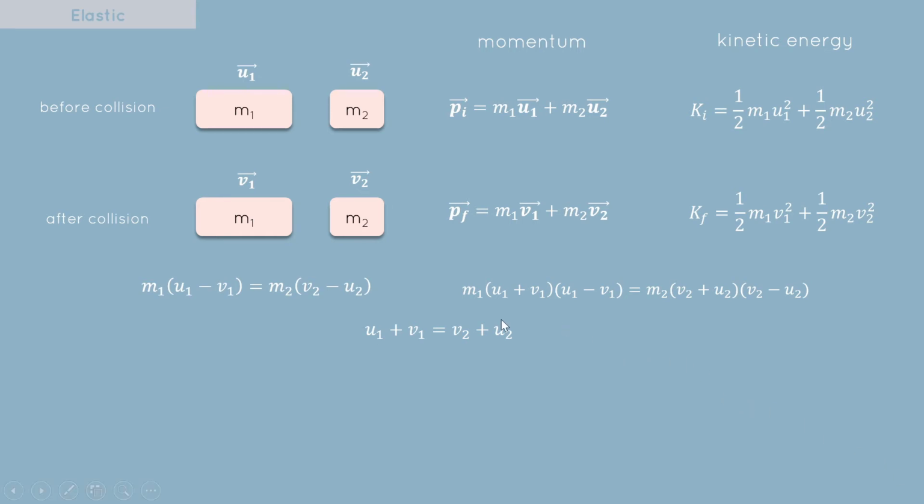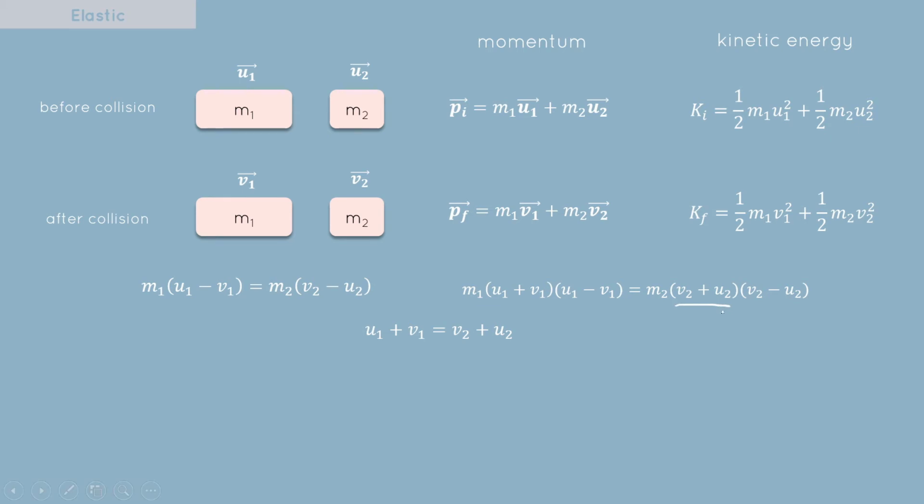So what we can do next is take this equation and divide it by this equation. This divided by this, and this divided by this. You can see that the masses cancel out, as well as this term on this side, and also this term. So we are left with this expression.